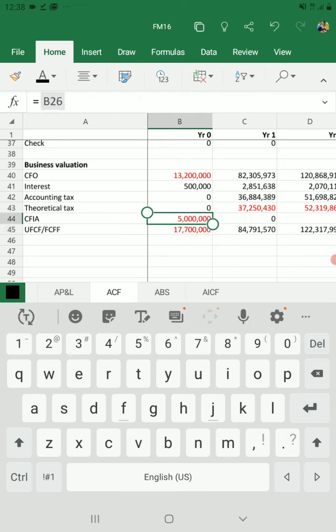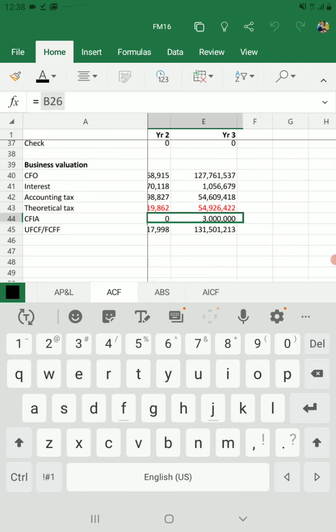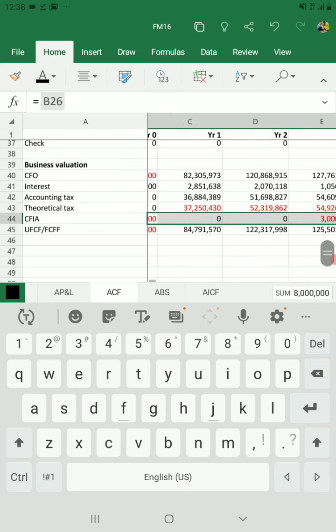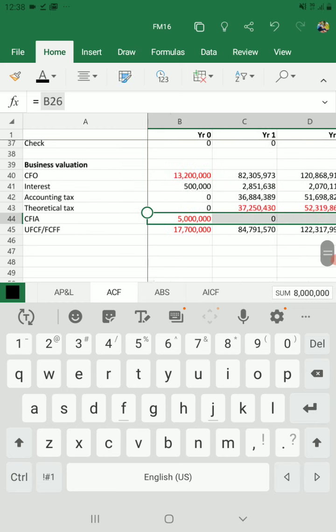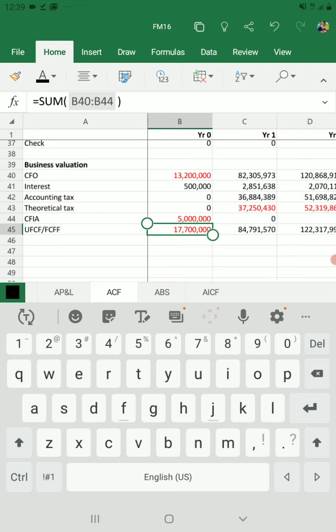Okay, and this one, let me tap to fill this throughout, because these financing activities draw out cash from the business, and we need to remove them to arrive at unlevered free cash flow.